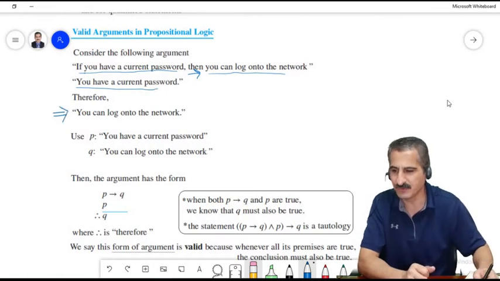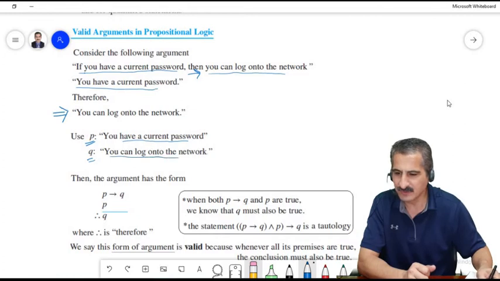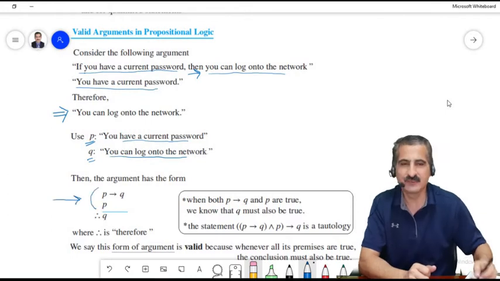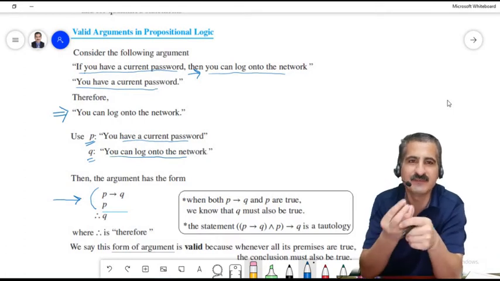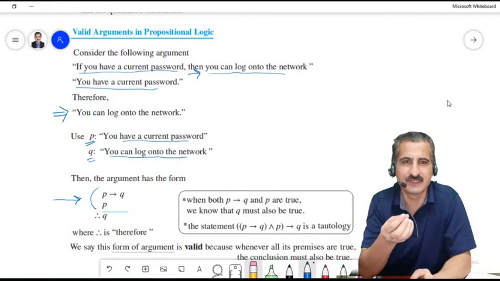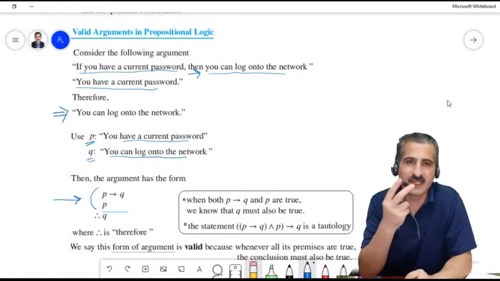So here we go. Let's use P for you have a current password, and Q for the statement you can log into the network. So we will have this argument: if P, then Q. We have two statements.